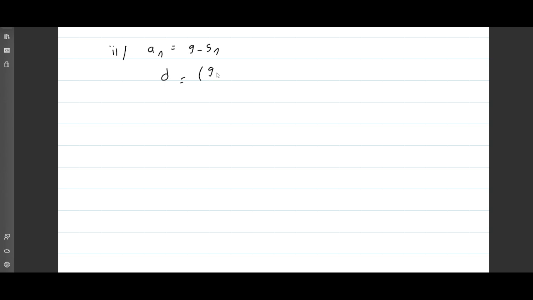So this is equal to 9 minus 5n, and this is equal to 9 minus 5 into n minus 1. So this is equal to minus 5.